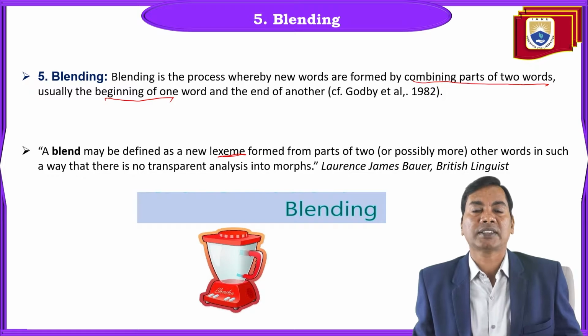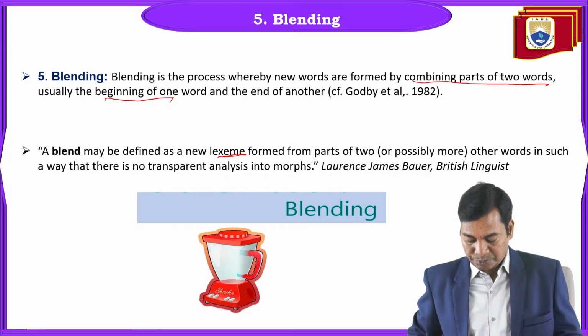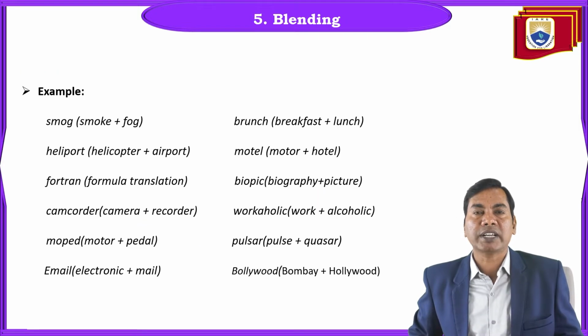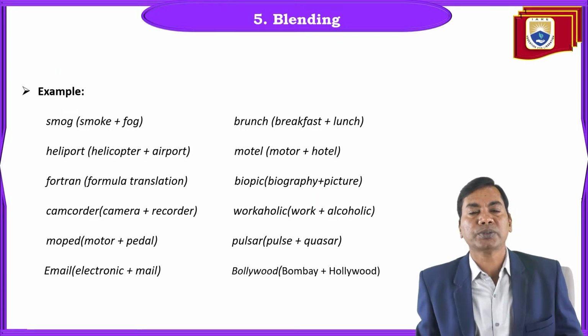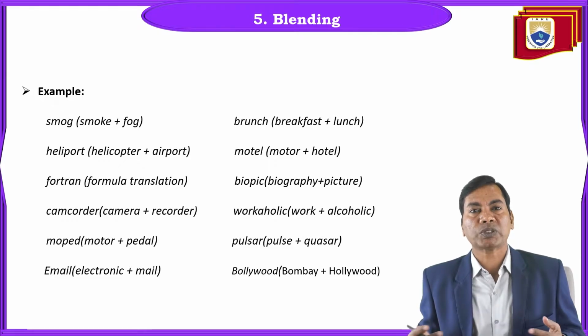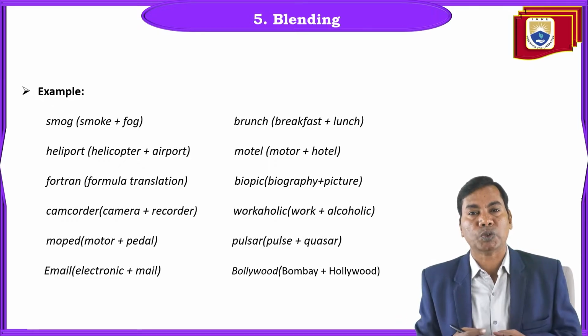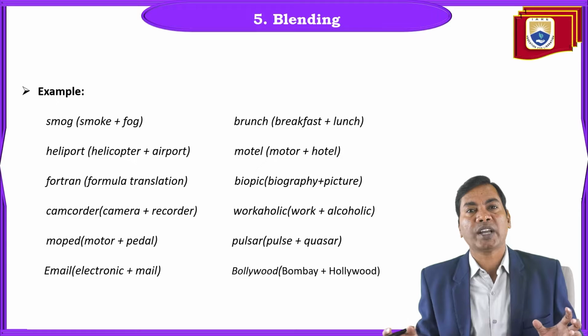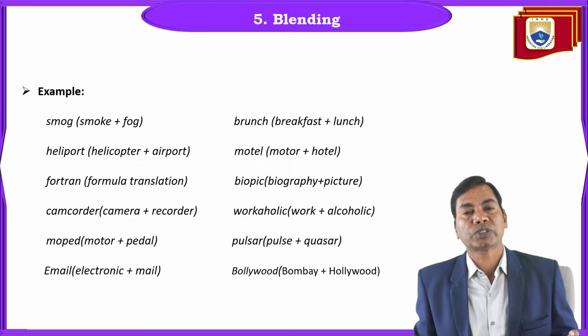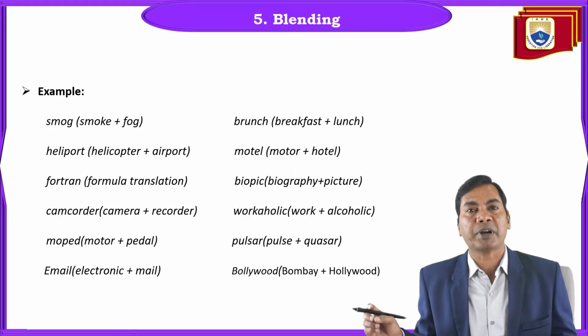We will look in detail at the meaning of blending with examples. So look at the examples. As I told you, blending is the process of joining two words, but we do not join two words as they are, right? In those two words, we take the beginning part of one word and the ending part of another word.